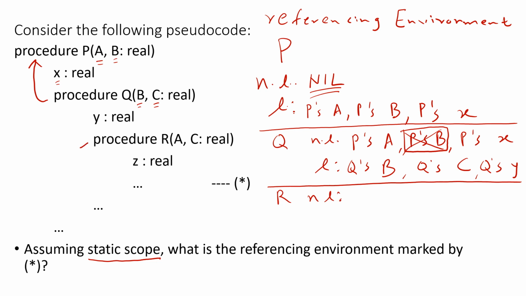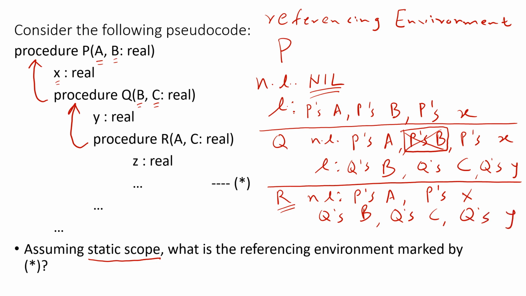Then we calculate the referencing environment for R, wherein first we think of the non-local compartment. As we know, R is defined in Q, so everything from Q is copy pasted into the non-local compartment for R. So what we take is P's A, P's X, then Q's B, Q's C, and Q's Y. And now we think of its local referencing environment.